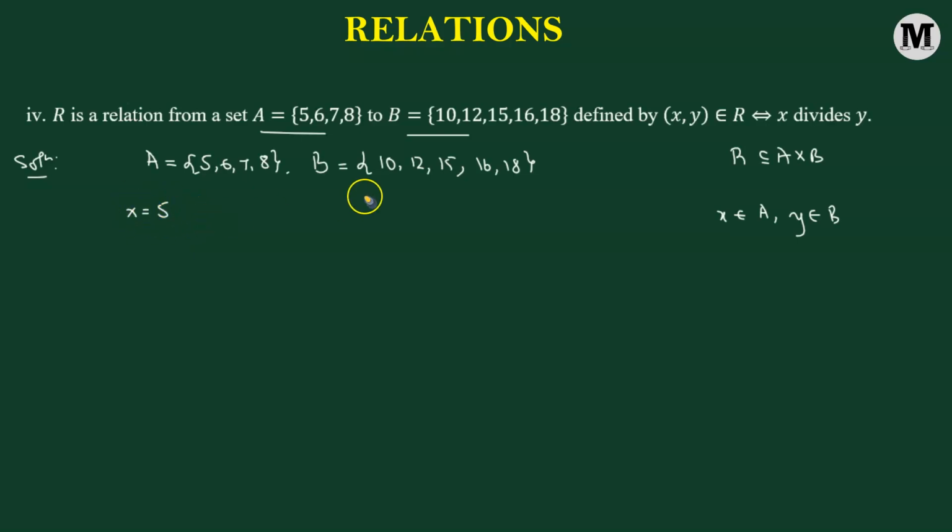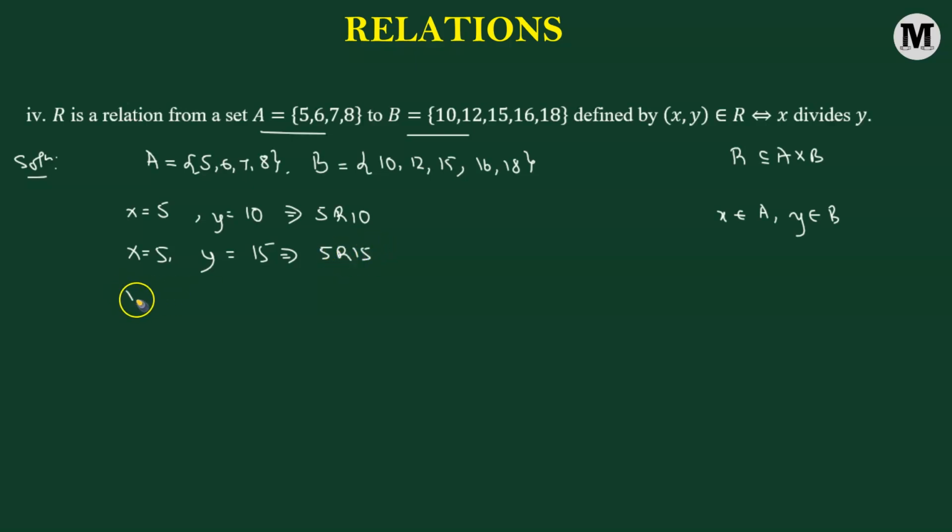Now let's pick x equal to 5. We have to pick a specific value of y from the set B such that 5 divides that number. If x equals 5, then y must be 10, because 5 divides 10. So we have the relation 5R10. Next, if x equals 5, then y must be 15, because 5 divides 15.